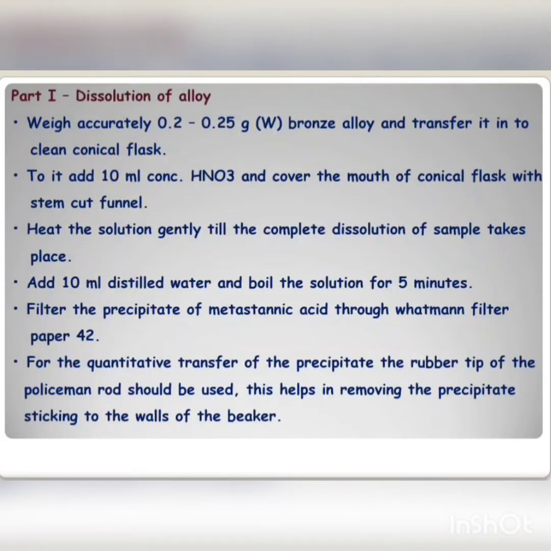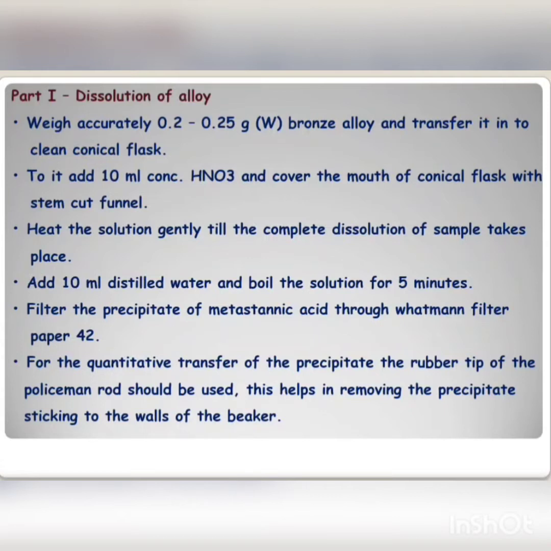Now the first part of the experiment is dissolution of the alloy. We will weigh the alloy sample, and we will add 10 ml concentrated HNO3 and heat the solution. We heat the bronze alloy sample with HNO3 so that the alloy sample dissolves completely into the HNO3.